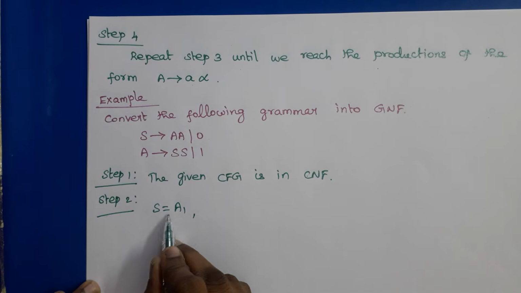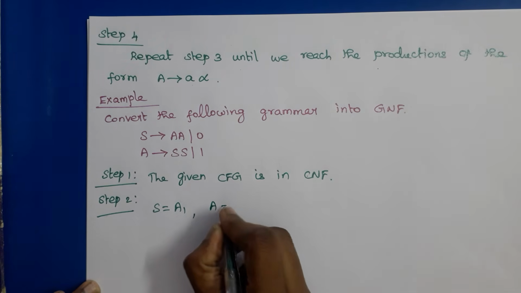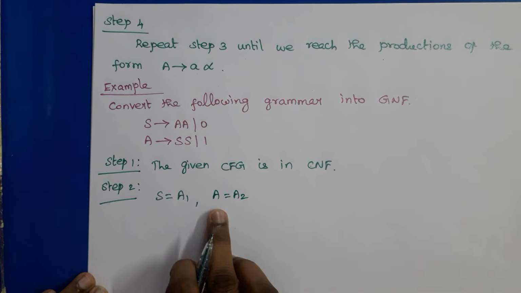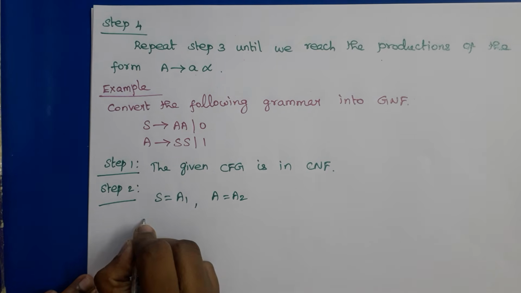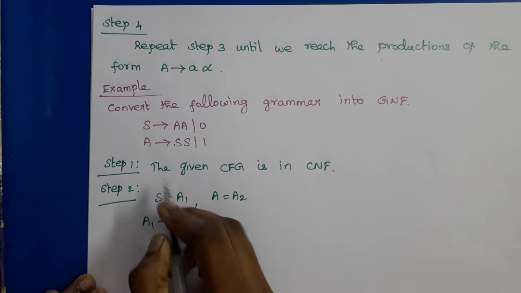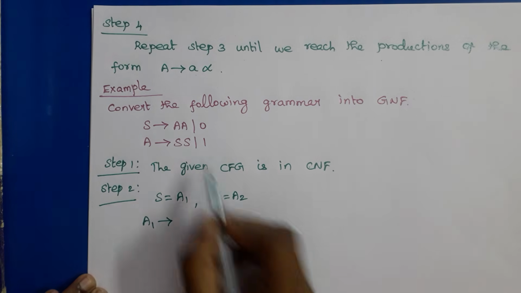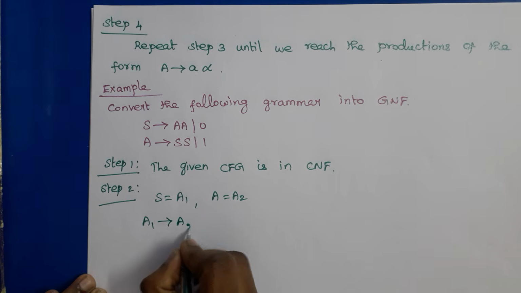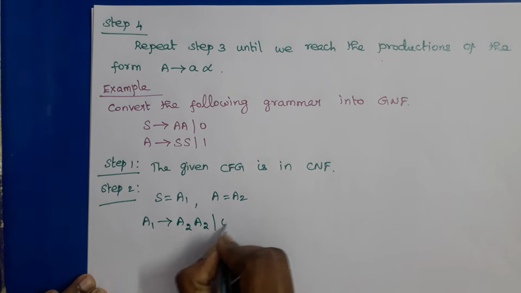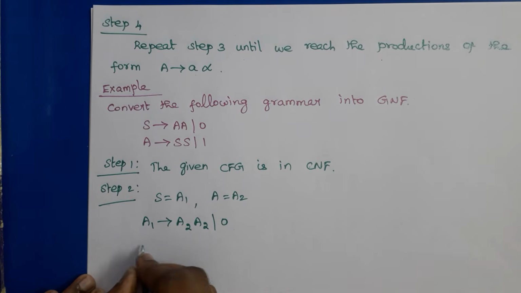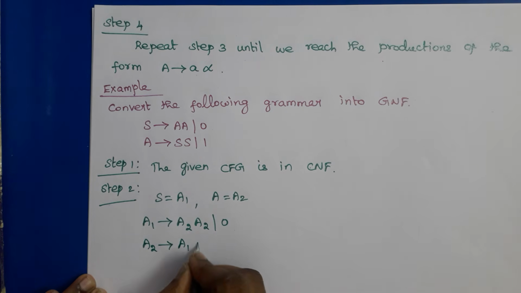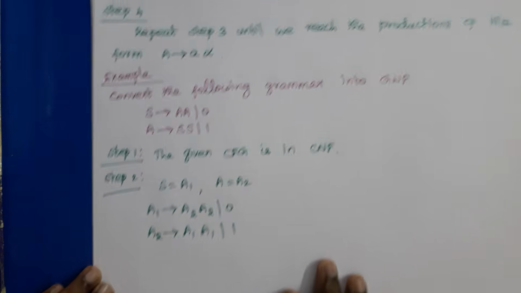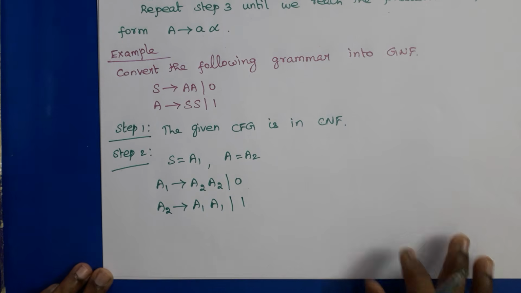So S with A1 and A with A2, we need to substitute S with A1 and A with A2. So now the grammar becomes A1 tends to, because S means A1, A must be replaced by A2. So A2 bar 0, then A2 tends to SS, means A1 bar 1. So this is step number 2.